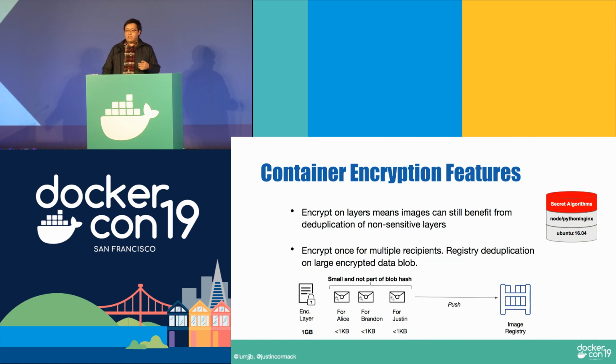If I wanted to add a new recipient and I had everything in the blob, adding the wrapped key within the blob would change the blob. And when the blob changes, the registry can no longer deduplicate it. So in this case, I'm still able to add more recipients to the image without having to re-upload the entire image.